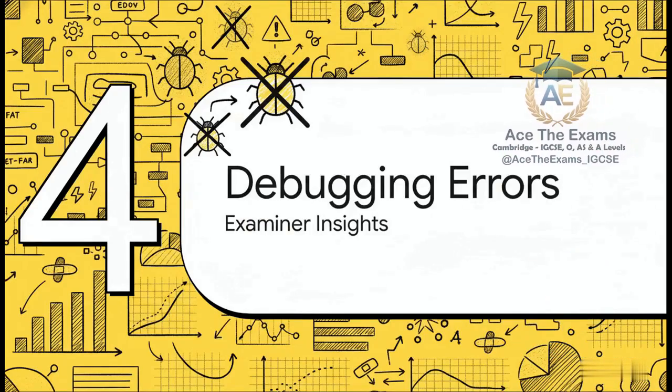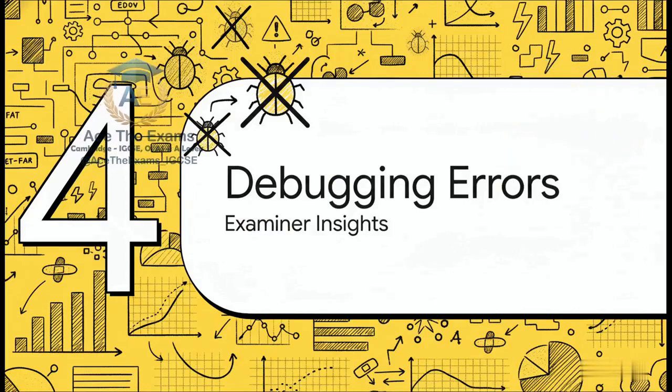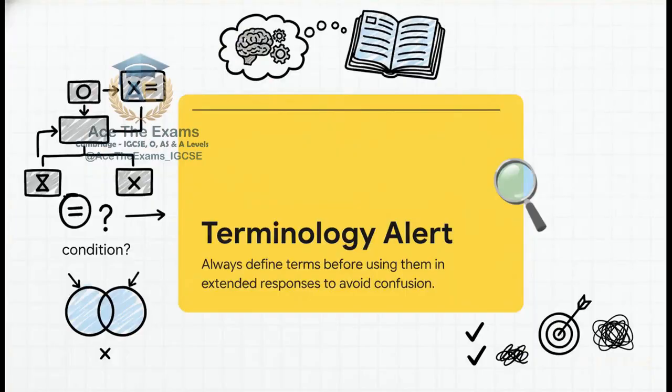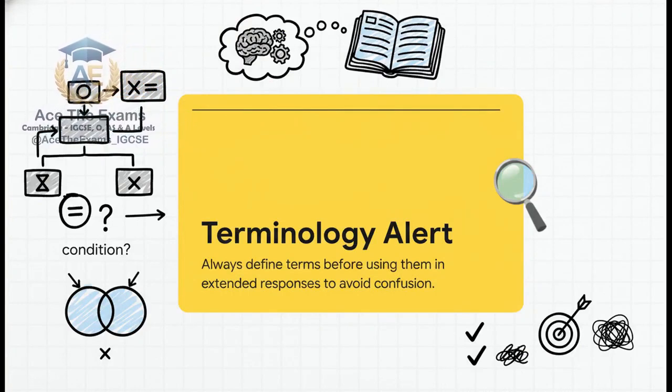Welcome to the interactive beta testing arena, where we are going to look at debugging the most common errors straight from the examiner logs. Imagine a 60-second visual countdown clock ticking on your screen right now for a data extraction run. Examiners consistently flag that candidates confuse key terminology. It's a massive vulnerability. If you're running an analysis on independent events, you can't just casually drop the word into your text.